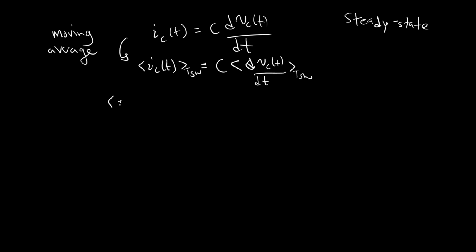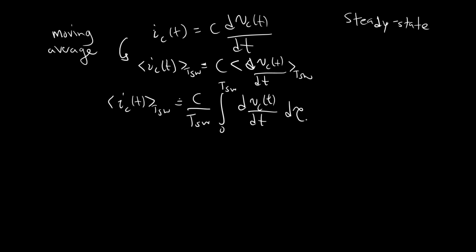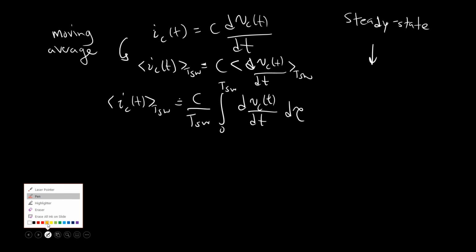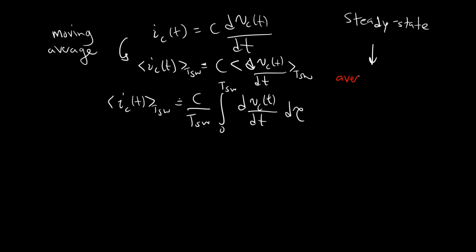Writing this out explicitly gives us C over TSW, integral from 0 to TSW of the change in the capacitor voltage over time. And again, if we're in steady state, the average value of the capacitor voltage should not change cycle to cycle.